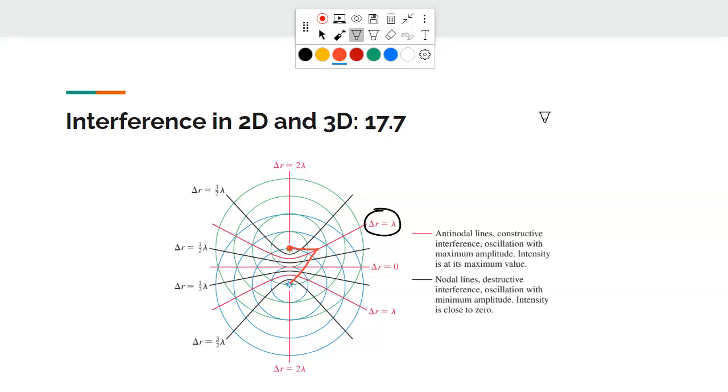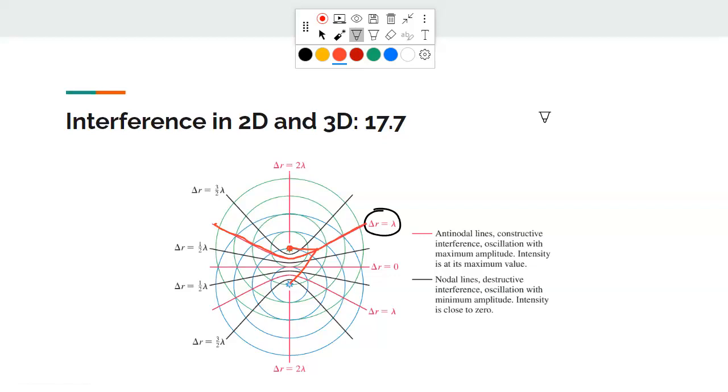And so as we go outward farther and farther, both of these R1 and R2 get larger, but the difference, delta R, stays at delta lambda. So every point along this red, now orange line will have maximal constructive interference.